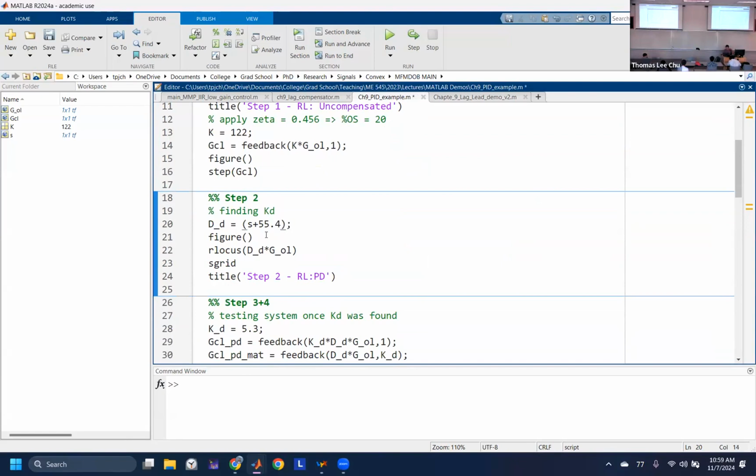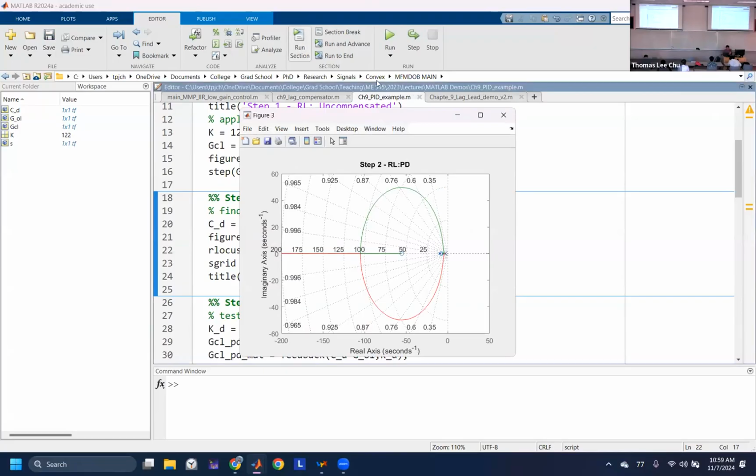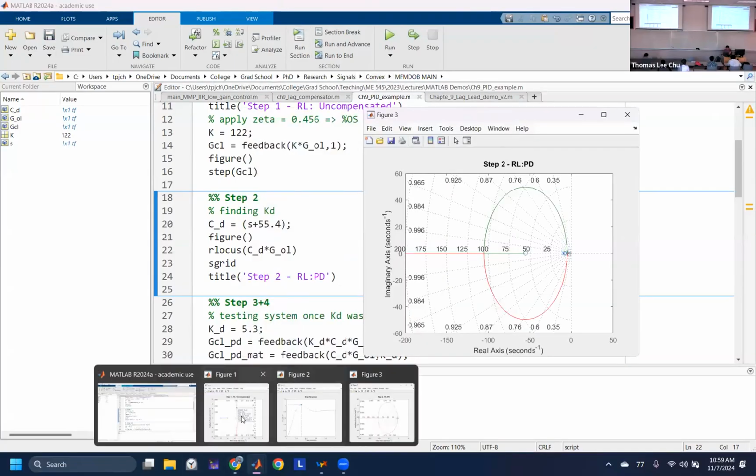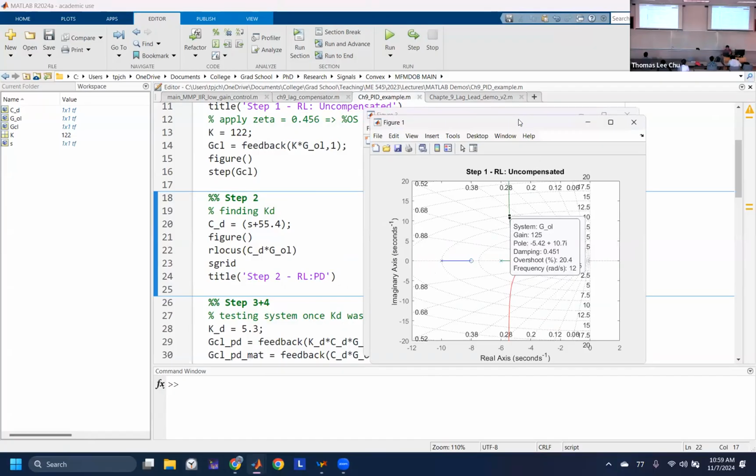All right, 55.4. And now we're going to do the new open loop transfer function, which is D times, I think I used C, times G. And here we get that. So now you can see our root locus looks a lot different from our original one. The shape has changed quite a bit.